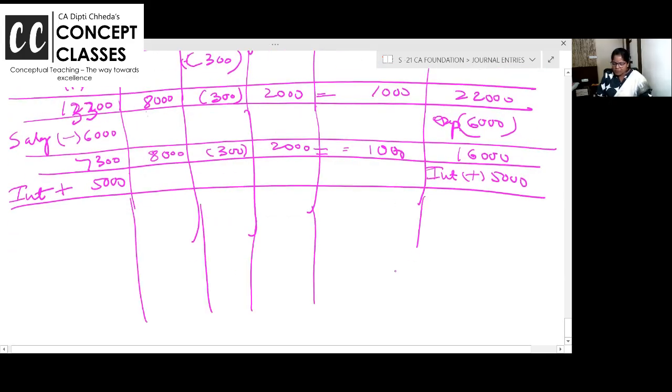Do the total, now how much is cash coming? 23,000 here, 1,000 and 21. 22 here, how much is it coming? 22 here it is 21 and 22.